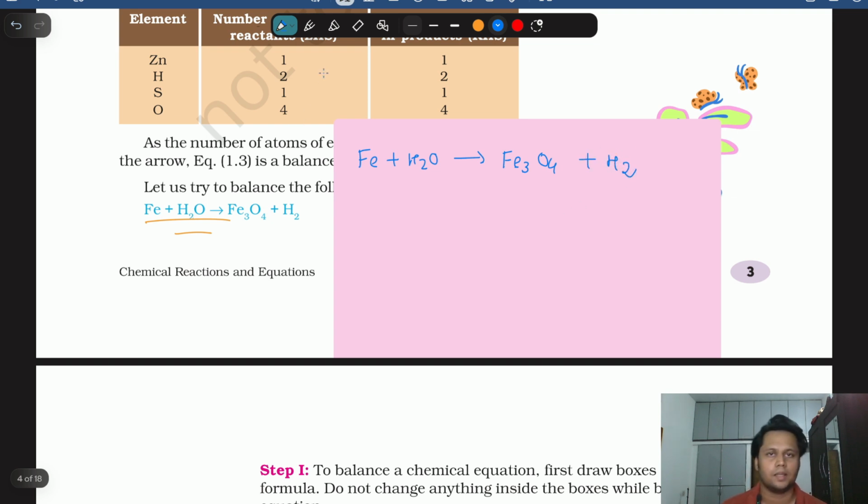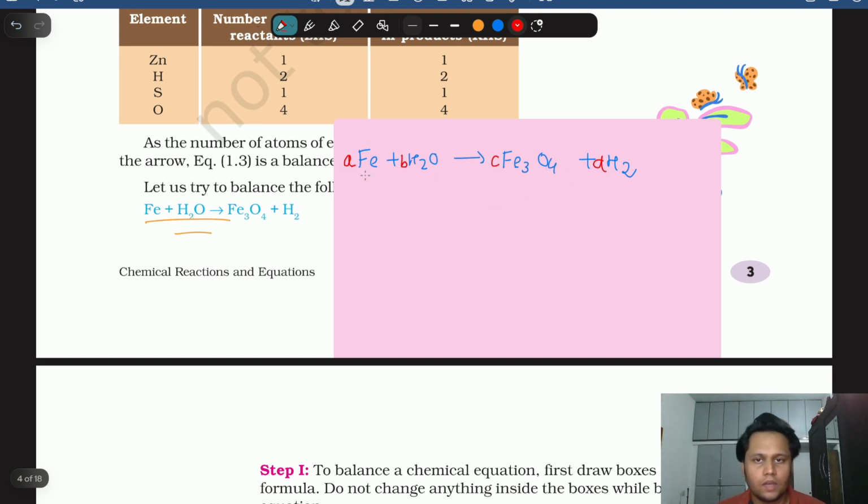So the first step what we have to do is we have to write the coefficient. So what is coefficient? We just need to write A in front of Fe, B here, C here and D here. So A, B, C and D.